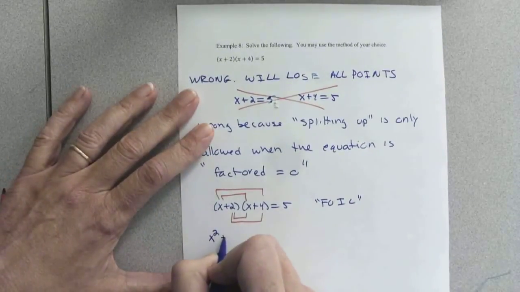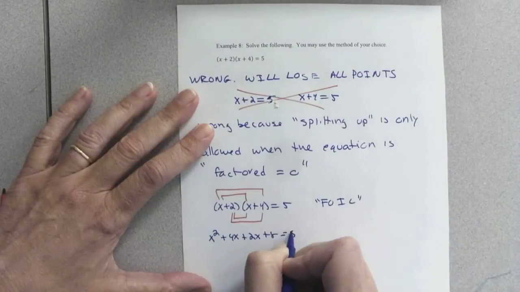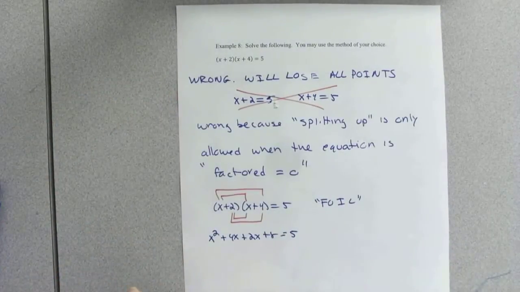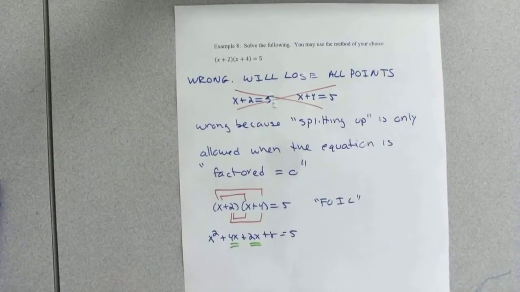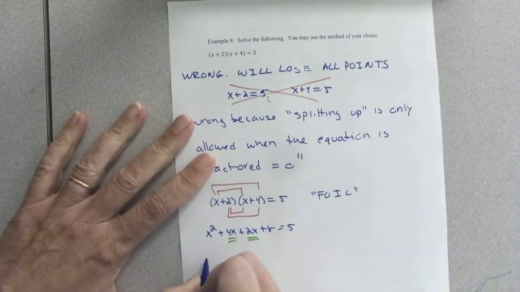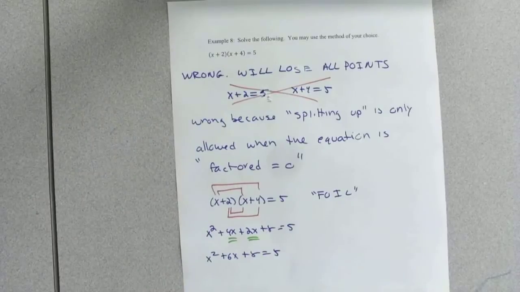And so I'm going to have x squared plus 4x plus 2x plus 8 equals 5. I've got some like terms there. I'm going to combine those. And so I've got x squared plus 6x plus 8 equals 5.